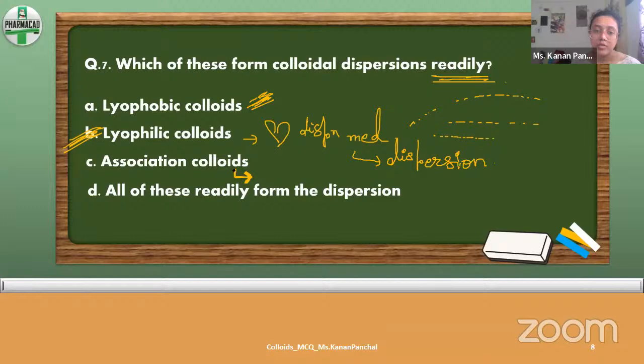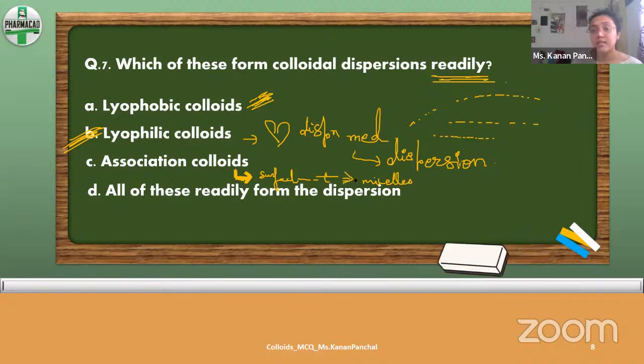And what are your association colloids? What are association colloids? Surfactant associate to form micelles. Correct. Surfactants which associate to form micelles. Thank you. I can just hear 2-3 voices. That's it.